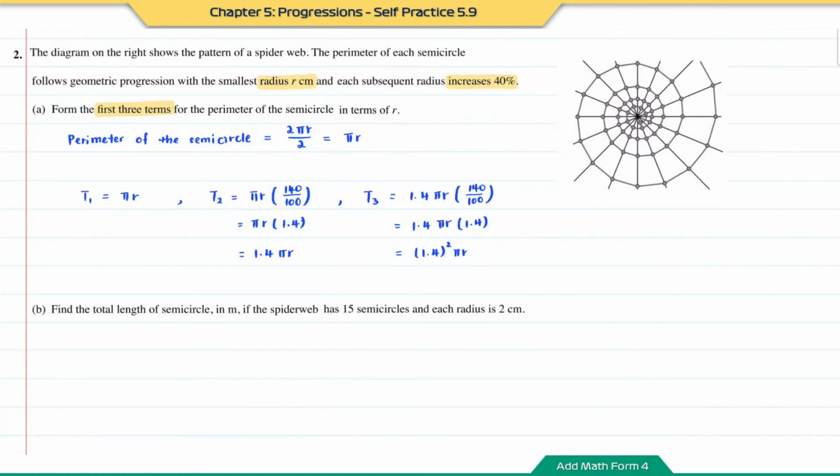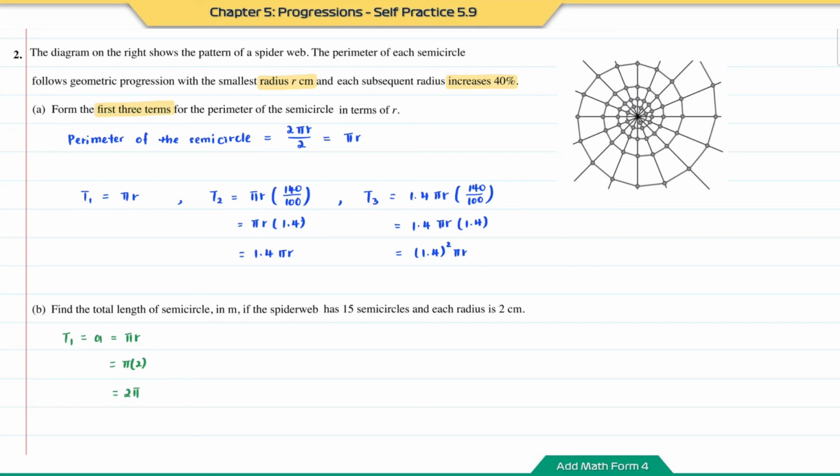Question B. Find the total length of the semicircles in meter if the spider web has 15 semicircles and each radius is 2 centimeter. So from question A, we know that the first term T1 is equal to pi r. Now the radius, we know that this is equal to 2. So the first term will equal 2 pi.